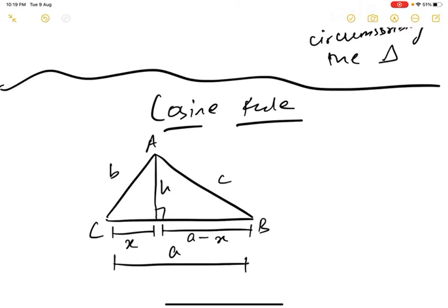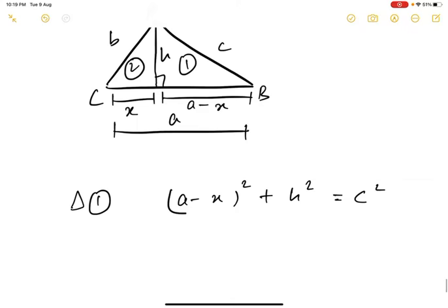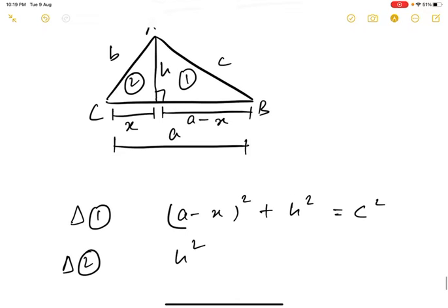And let's say this is height h, perpendicular 90 degrees. So use Pythagoras theorem in this, this is your triangle 1, this is your triangle 2. In triangle 1, if I am using Pythagoras theorem, I will have (a minus x) squared plus h squared is equal to c squared. Okay, and then in triangle 2, I will have h squared plus x squared is equal to b squared.